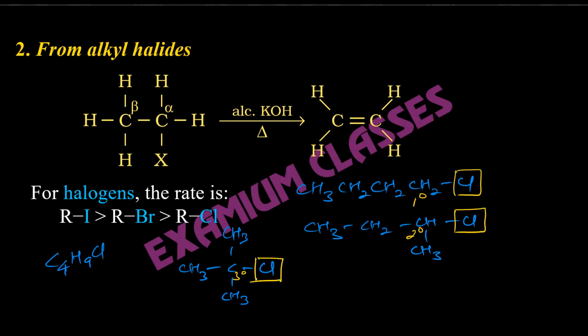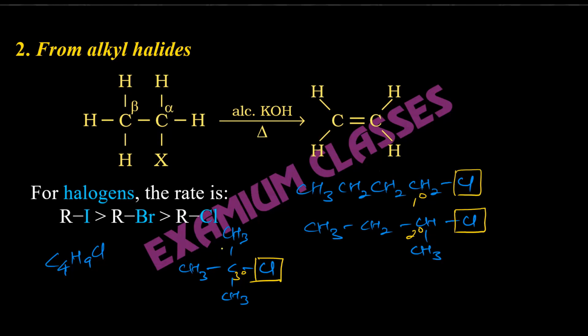Here the carbon attached to chlorine is attached to only 1 carbon, so it is 1 degree. Here it is attached to 2 other carbons, so it is 2 degree. Here it is attached to 3 other carbons, so it is 3 degree.